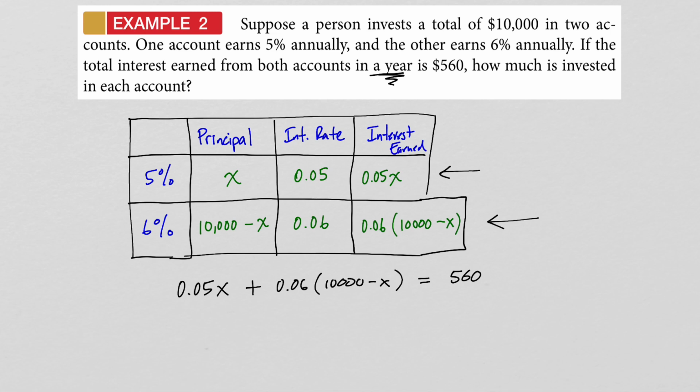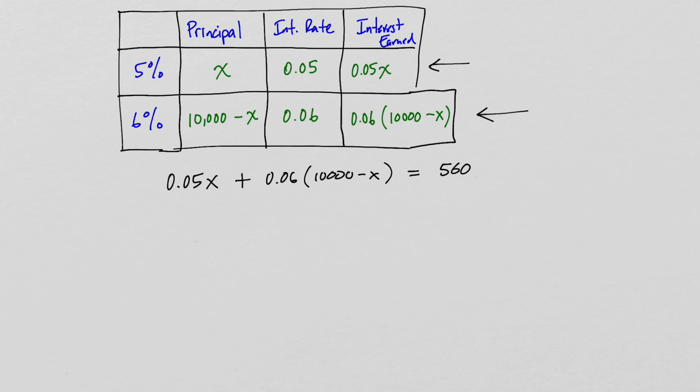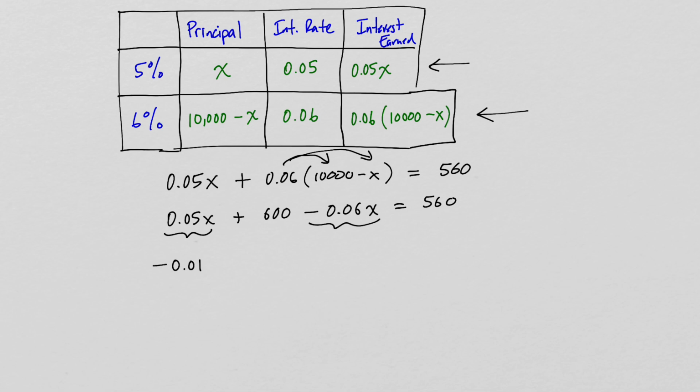And now we can solve for x. So to solve for x, we're going to distribute here. So that gives us 0.05x plus 0.06 times 10,000, that's going to be 600. And then minus 0.06 times x is 0.06x. And this is equal to 560. Combine like terms, 0.05x take away 0.06x is negative 0.01x plus 600 equals 560.